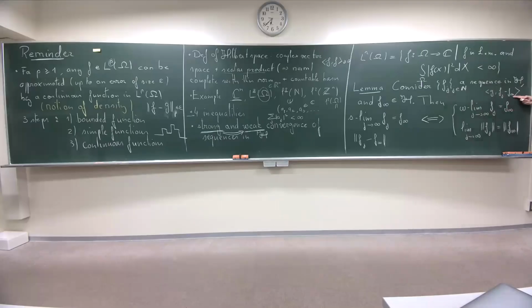So if this goes to 0 for any g, it's a necessary condition, but the fact that this goes to 0 doesn't tell you anything about the norm. And the statement is, if you have this weak convergence plus a conservation of the norm, then this is equivalent to strong limit.